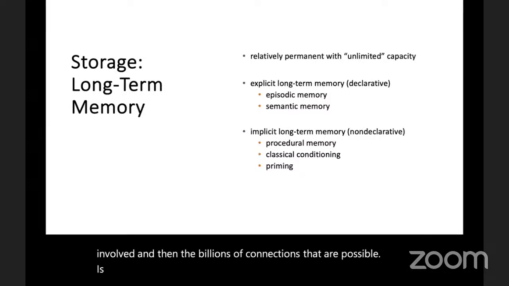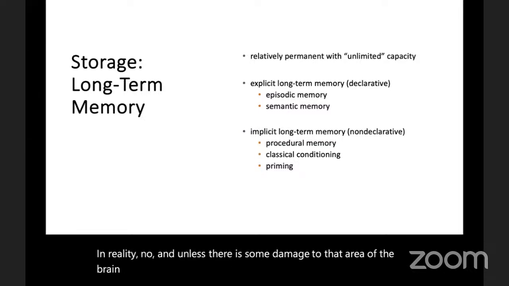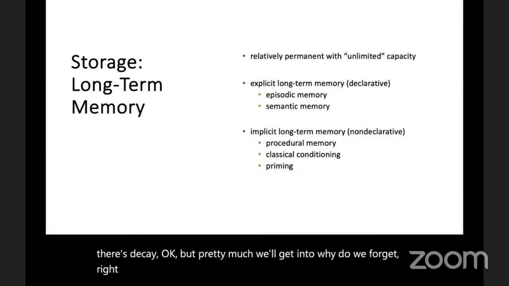Is it possible for those memories to be lost? In reality, no. Unless there is some damage to that area of the brain, or you no longer use that information whatsoever and there's decay. But we'll get into why we forget, right? What is it that makes it so we don't remember certain things? We'll get into that as we move along.